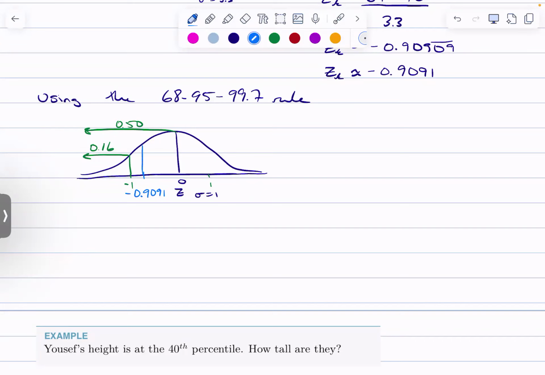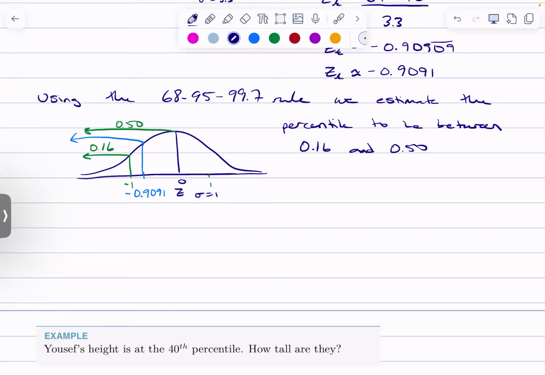So here, using the 68-95-99.7 rule, we estimate the percentile to be between 0.16 and 0.50.